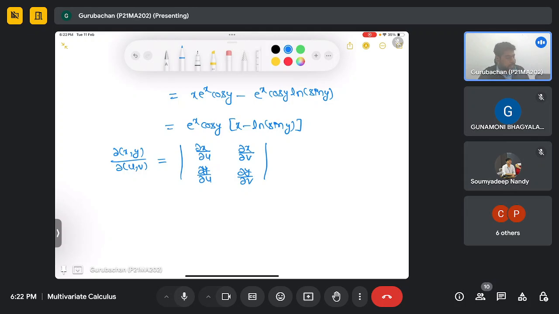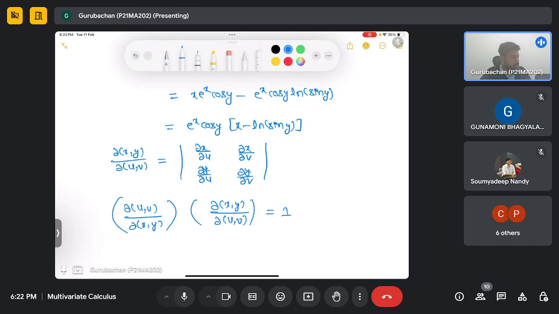So he's saying that the Jacobian of this into the Jacobian of xy is equal to 1.